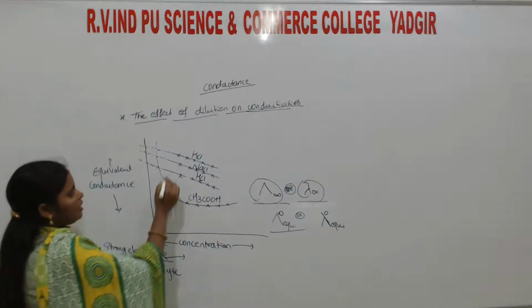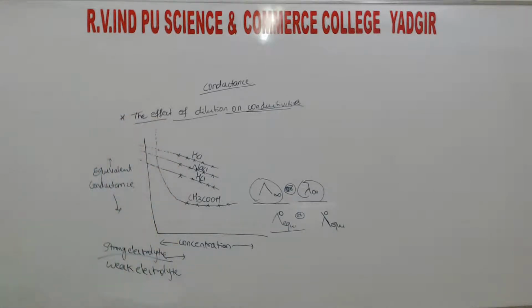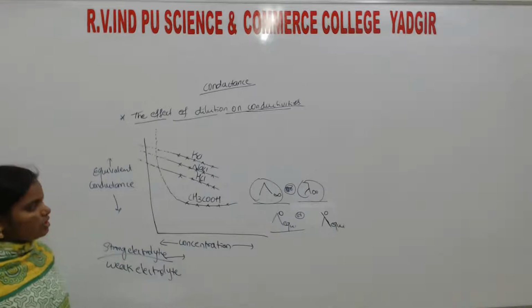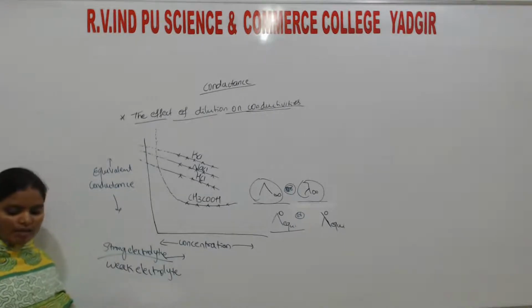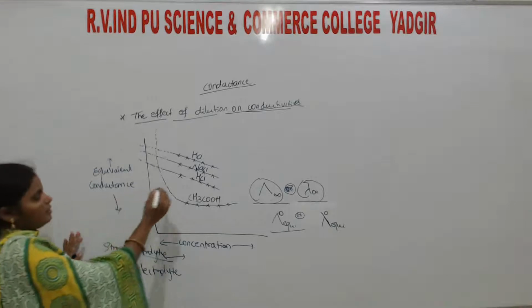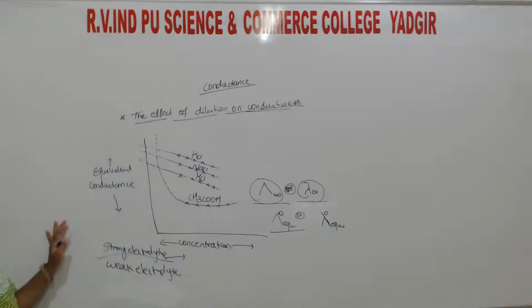There is no indication of a limiting value as it approaches zero concentration. Therefore it is not possible to find the limiting value by extrapolating the graph.